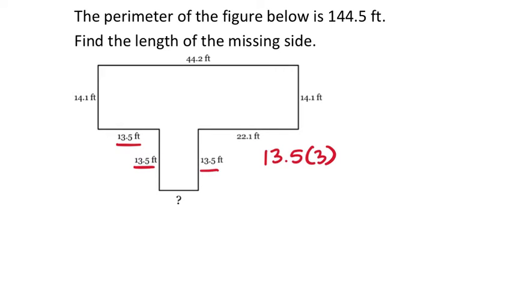And then another side that repeats, I got 14.1. That happens twice. So from there, I'd have to add 14.1, but multiplied by 2. And then we have the single side lengths, the 22.1, so I'd have to add that in as well. And also the 44.2.